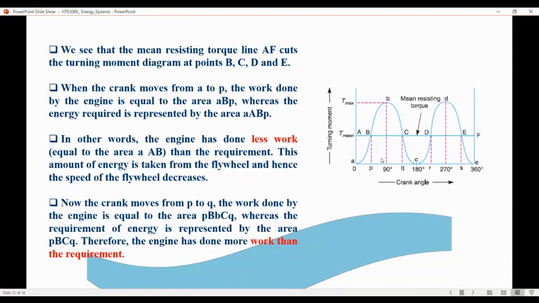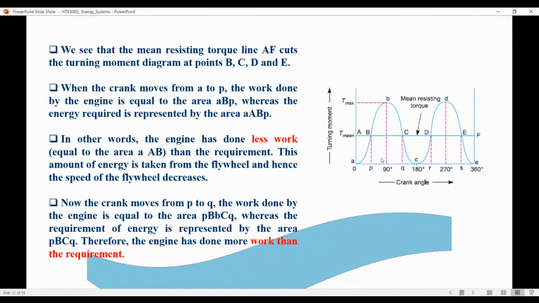They've got the mean existing torque, which represents AF. And then there are important things to note. They're saying when the crank moves from A to P, that's on the first curve, 0 to P, look at that.